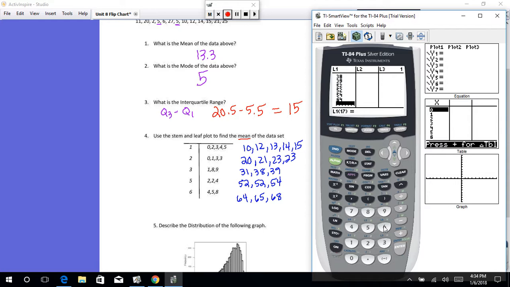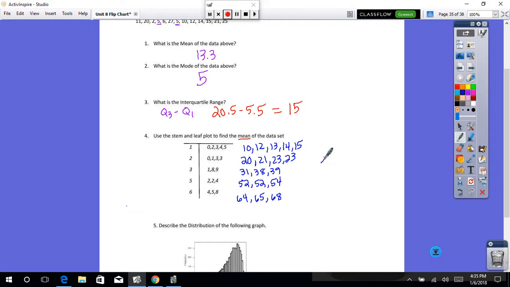And our 60s. Stat calculate, and we are going to find the mean at the very top right there, 34.11. So our mean, oops. And apparently now my board's going to be a little sensitive.